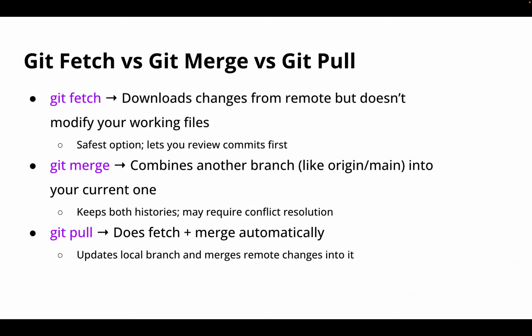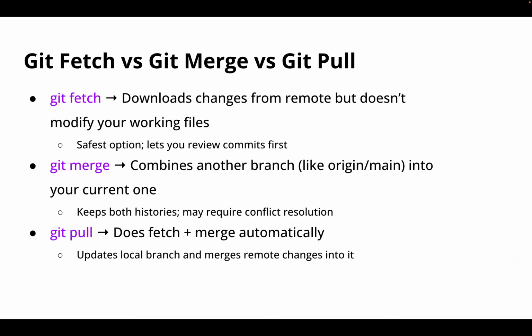So in Git, there's git fetch, git merge, and git pull, which can get a bit confusing at times. I know when I first started, I didn't know what these three things were. Fetching is downloading the changes from the remote onto your local computer, but you're not modifying your working files. It's just on there, but it's not changing what you have at the moment. It is the safest option. It lets you review the commits first, and it doesn't overwrite any code.